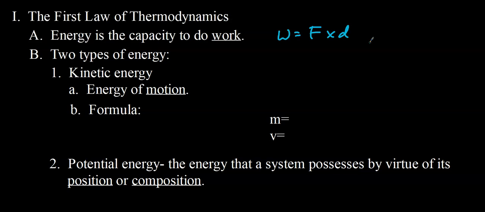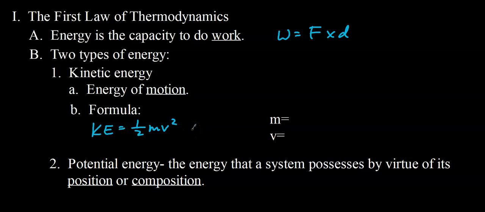There are two main types of energy: kinetic energy and potential energy. Kinetic energy is energy of motion, so things that are moving possess kinetic energy. Make sure you also understand that kinetic energy is related to temperature as well. The formula for calculating kinetic energy is 1/2 mv squared.